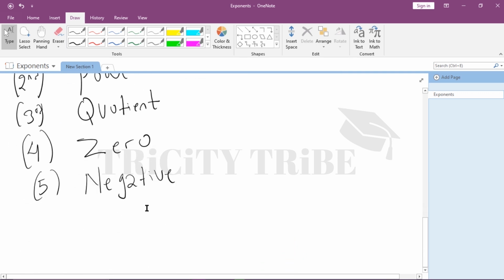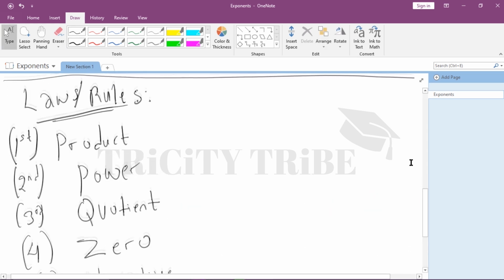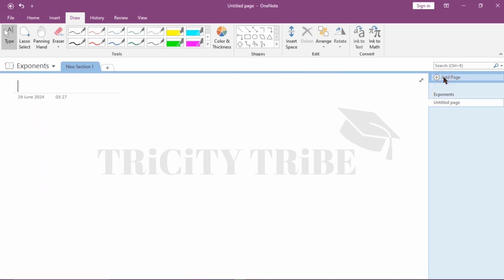Going further, we are now going to a new page, and that is the product rule. Now, when you're doing the product rule, it's that simple.